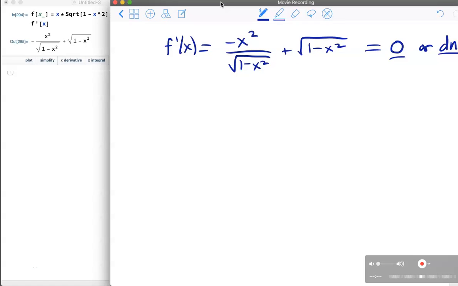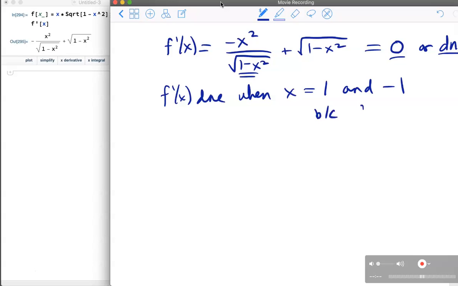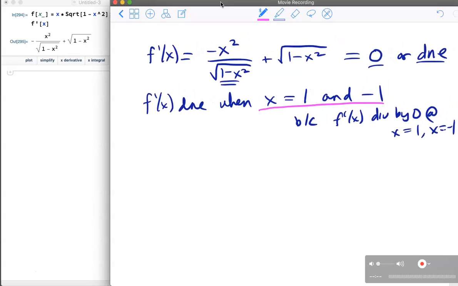Okay, so I think one thing that we can see here is that this derivative f prime of x does not exist when x is equal to 1 and negative 1, because we're getting division by 0. Okay, because f prime of x is divided by 0 at x equal to 1 and x equal to negative 1. So this is the first example where we can get some critical numbers from the function's derivative not existing. Okay. Well, let's continue on.